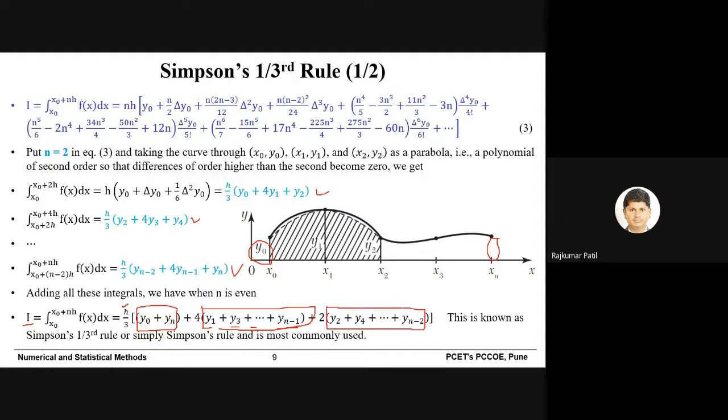In other words, the odd values will be multiplied by 4, and in the last bracket the even values will be multiplied by 2, and this equation will be called Simpson's one-third rule.